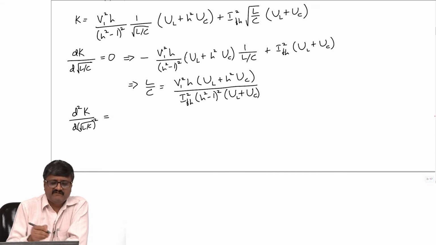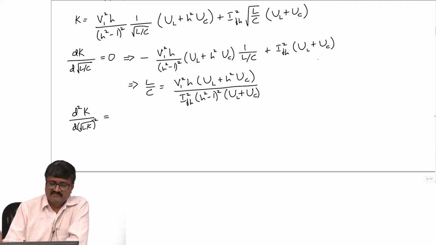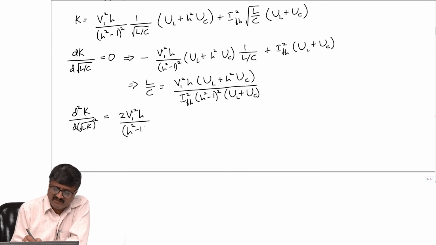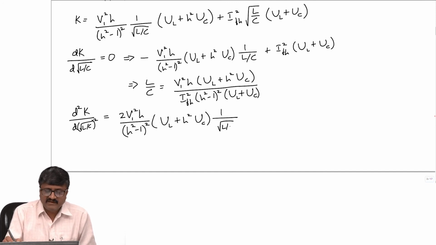We have the first derivative of K, so differentiate it again with respect to L by C. The second term in the first derivative is independent of L by C. So, what I get is 2 times V1 squared H divided by (H square minus 1) whole squared into (UL plus H squared UC) into 1 by square root of L by C to the power of 3.